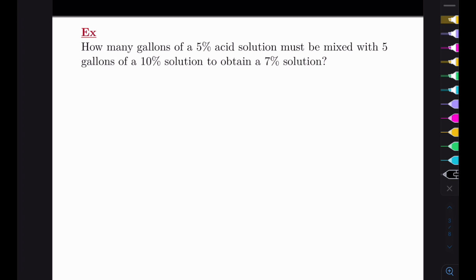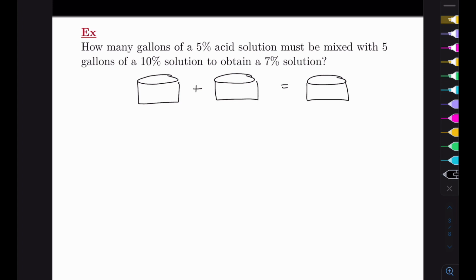What I tend to like doing for these problems is drawing myself a little picture. I've got one bucket, I'm adding to it another bucket, and in the end, I'm getting a solution over here. Each of these I'm going to label by the amount of acid that's in there.